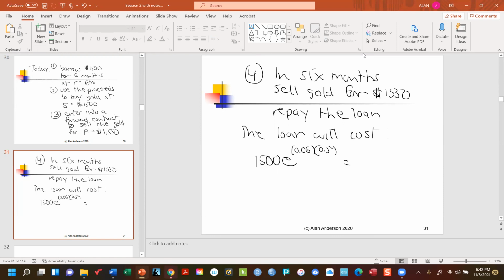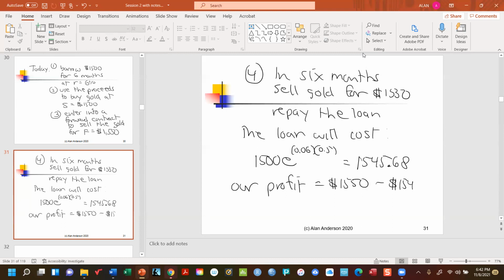Well, of course it does, because that's what we saw as the forward price, the correct forward price, 1545.68. So therefore, our profit is the difference between the 1550 rather, and let's see what that turns out to be. Approximately $4.32.